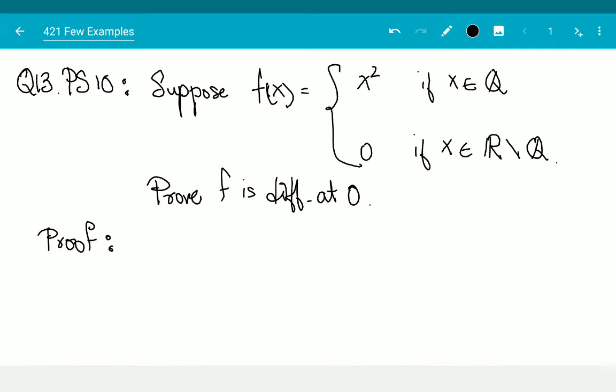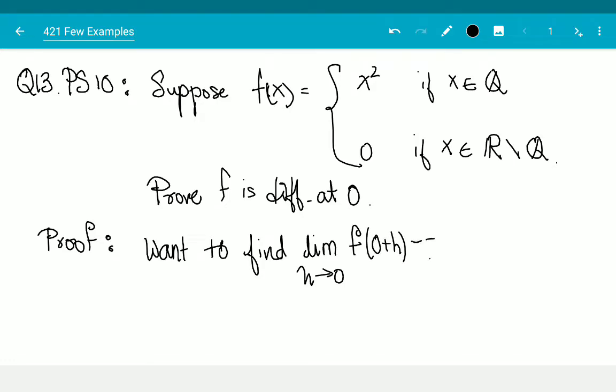Here's how you prove f is differentiable at 0. We want to find the limit as h goes to 0 of f of 0 plus h minus f of 0 over h, right?